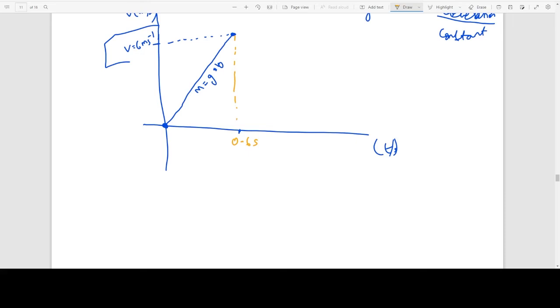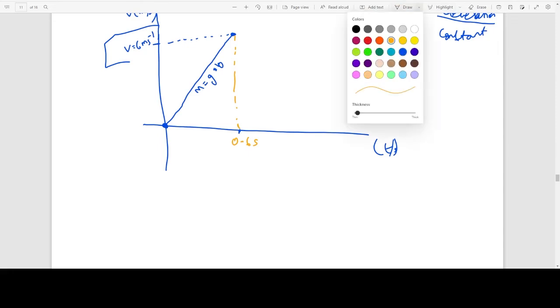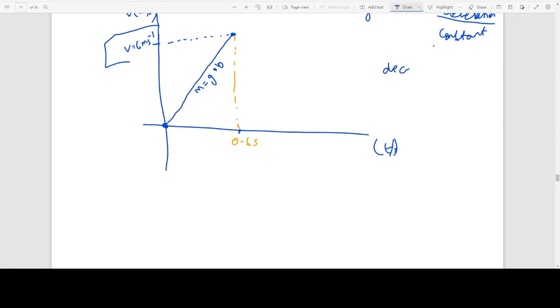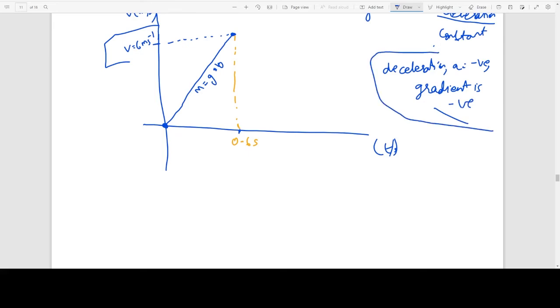Now the particle starts decelerating until it comes to rest. So there's deceleration, which means a is negative, which means the gradient is negative. So there's a downward line until velocity is equal to 0. It will continue from 6 and reach 0.